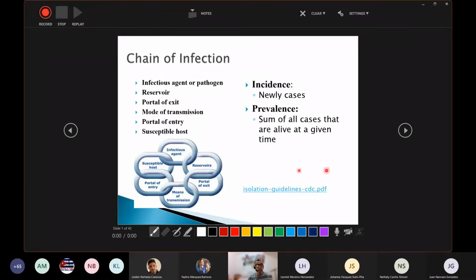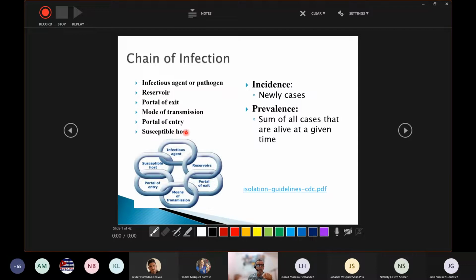So this is the order of organizing that, and this is the way that can be tested. What else can be tested? For example, they say when you give a vaccination, in which link of the chain are you working? Vaccination, of course, is going to work on the susceptible host.